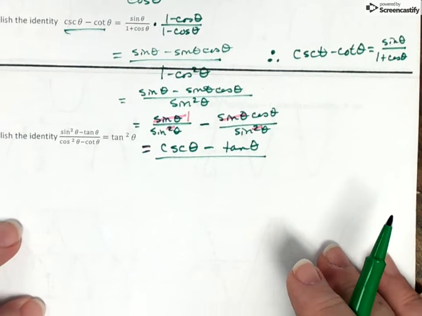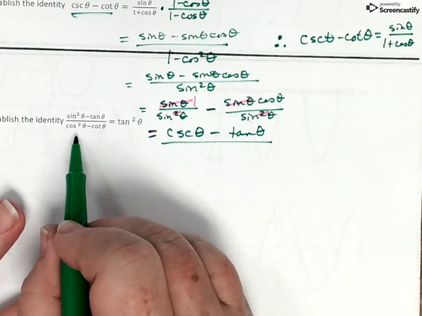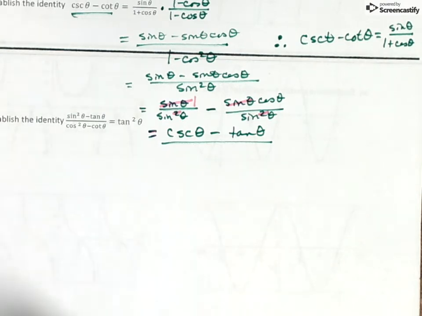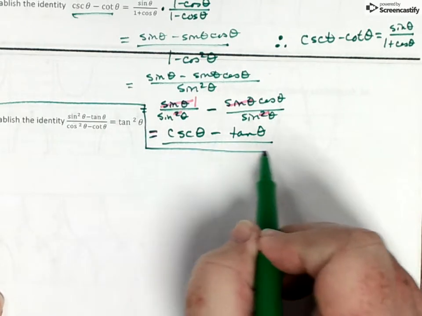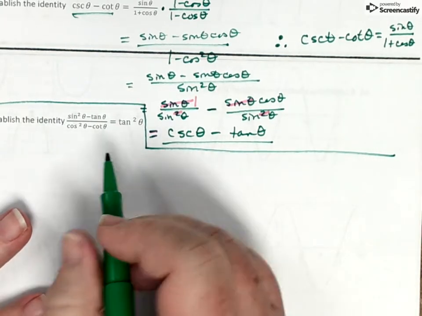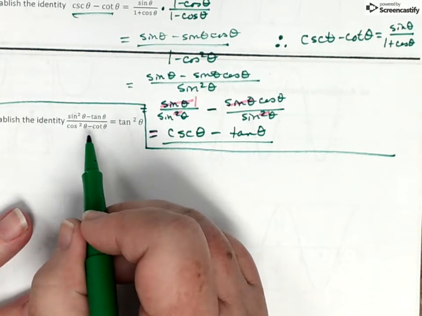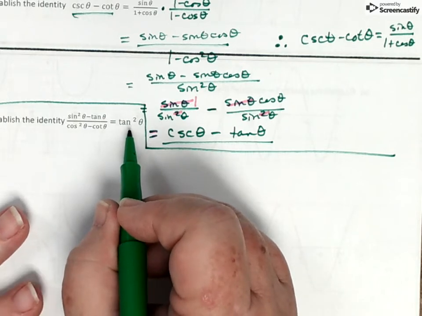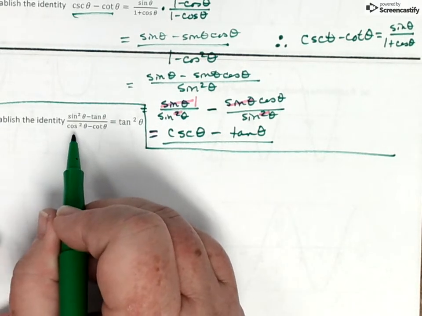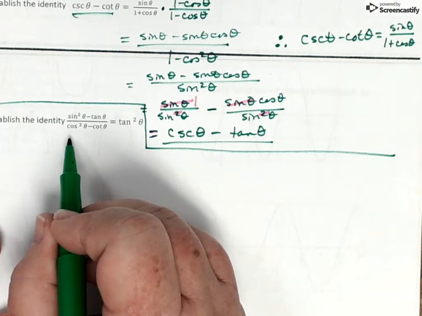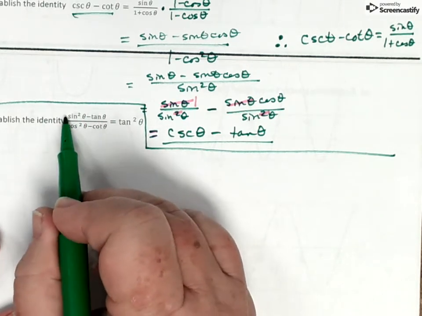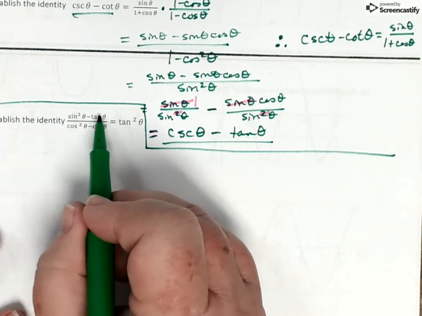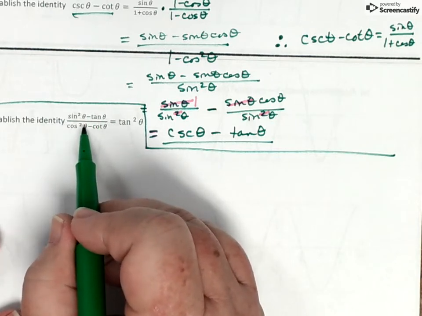This next problem down here, let's take a look at it and see how we're going to approach it. I'm probably going to work with the left side. I know that I could rewrite this in many ways, but I think I'm going to work with the left side here and just see if I can do some simplifying by first of all turning everything into some version of sine or cosine.